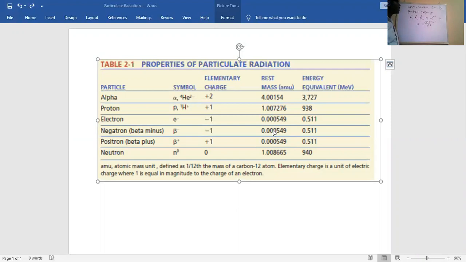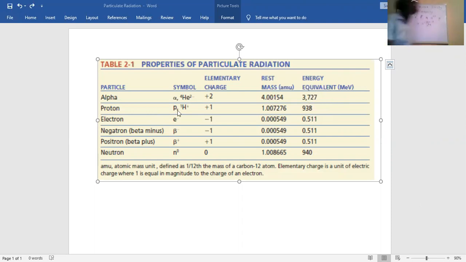It is just the number of protons and neutrons in an atom, and the rest mass is this. Then the energy equivalent of this is 3.727 mega electron volt. There is a formula for converting rest mass to energy in mega electron volt, and this energy in mega electron volt can also be converted to energy in joules, and so on and so forth.